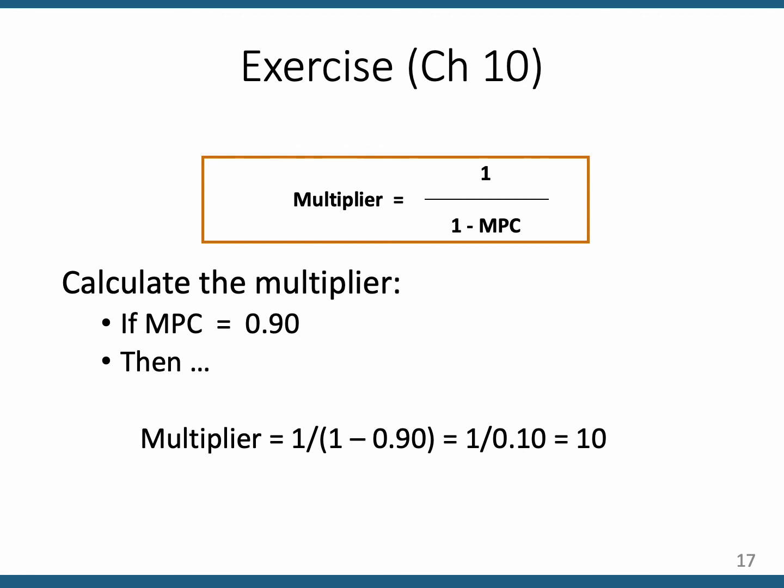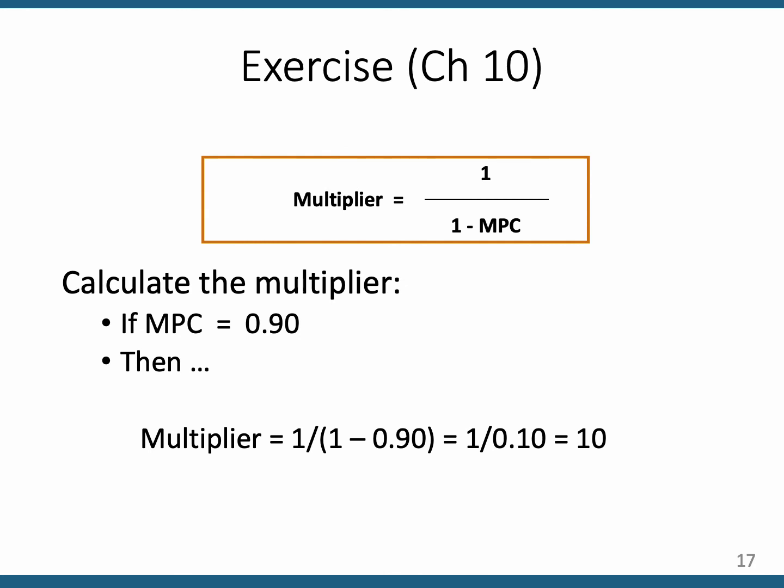So 0.9 would be 9/10, right? And what would be the marginal propensity to save as a fraction? 0.1 or 1 over 10. Well, let's use that version of the multiplier equation. 1 over marginal propensity to save. 1 over 1/10 is 10, right?